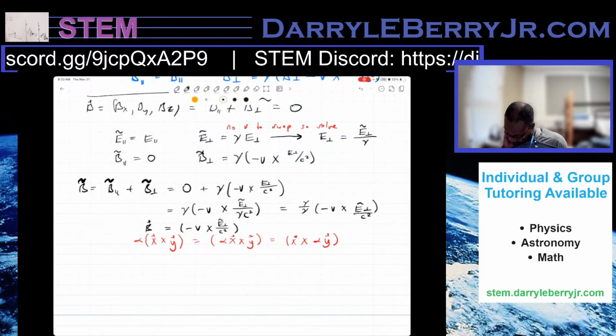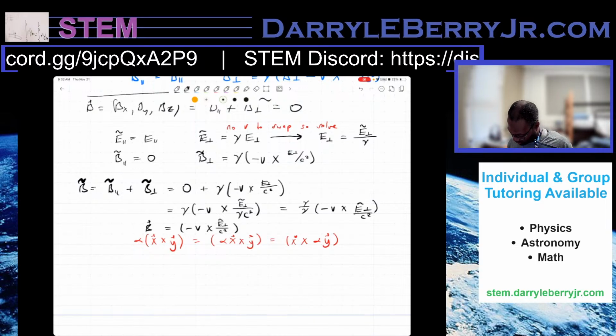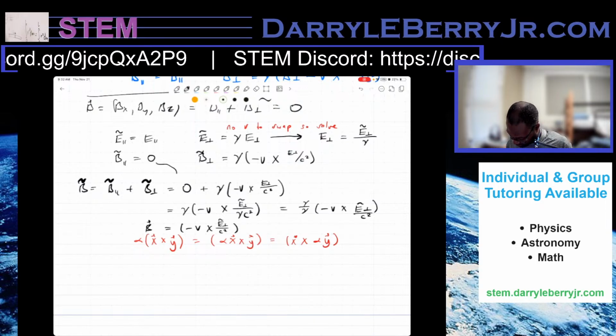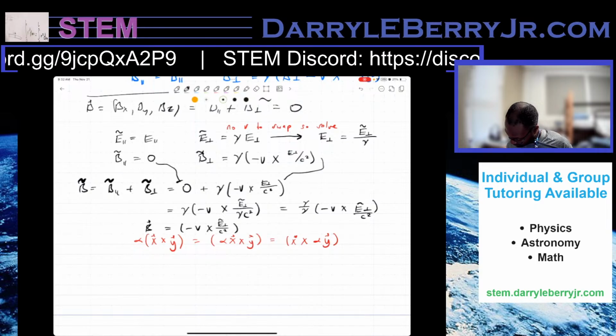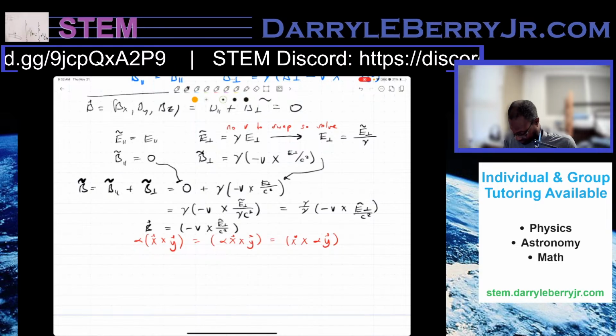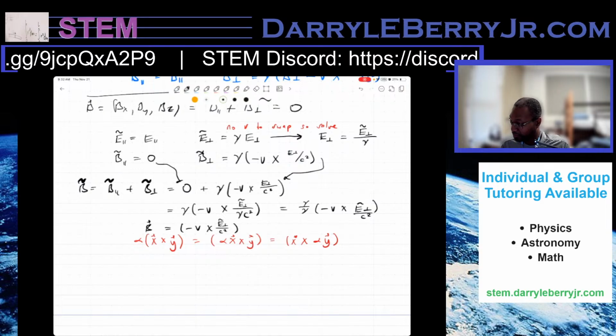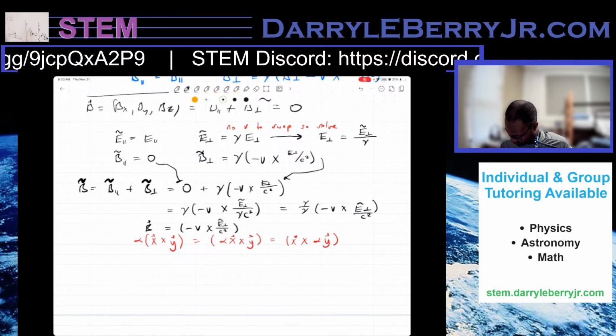And I substituted the B boosted what they stand for. So B boosted is B boosted parallel plus perpendicular. Substituted what those are.